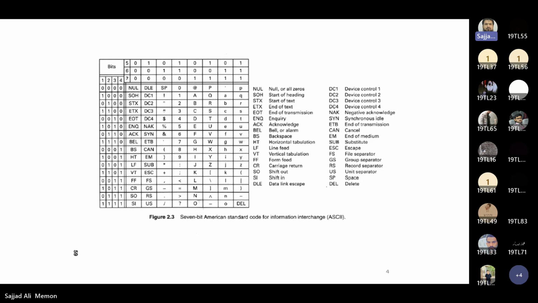So these are the 7 bits that we take for U. Similarly for S, it is 1010 and 011, and A is here, it is 1000 and 001.